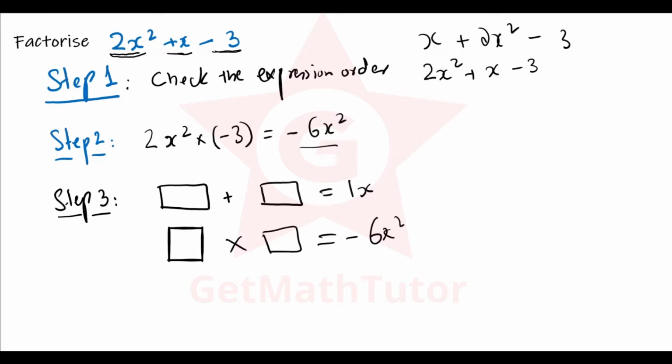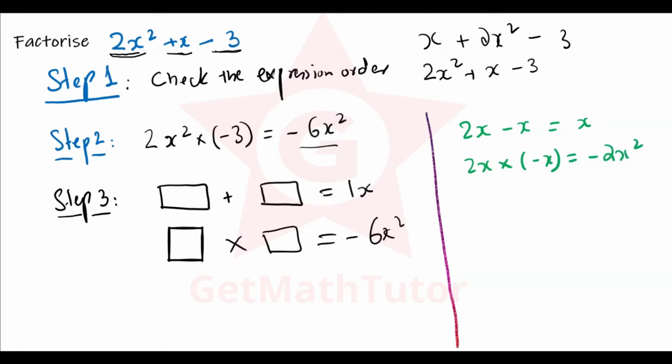Now let's start looking at some numbers. So for the first term, let's draw it here. Okay, so if we do 2x minus x, if we add it, our answer is x, right? But when we multiply 2x times minus x, we get minus 2x squared, okay, which is of course not what we're looking at.